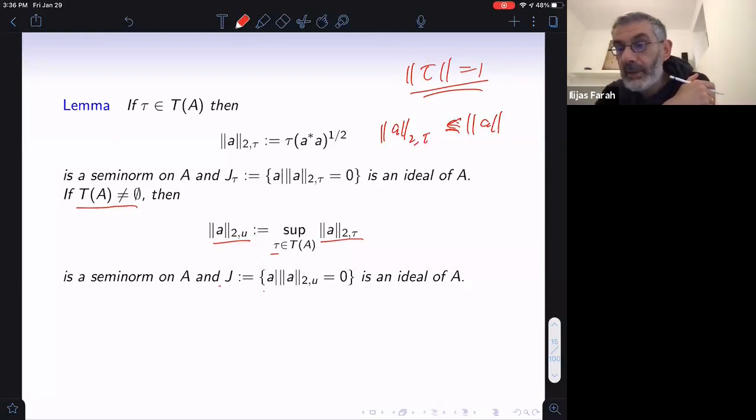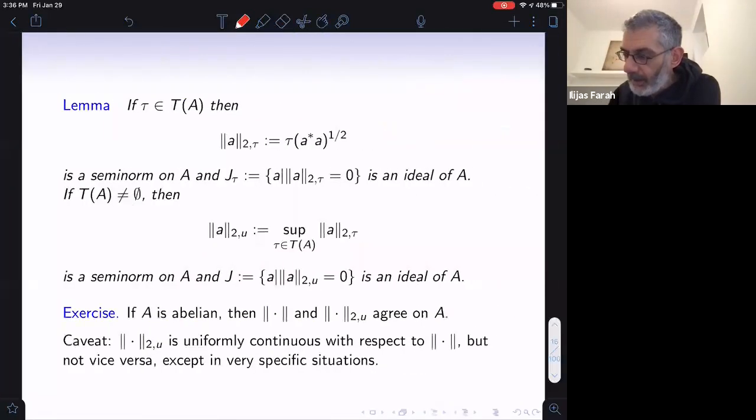So this is dominated by the operator norm. And here is a little exercise. If you have an abelian C*-algebra, then the operator norm and the uniform tracial norm agree on A. All you need is to remember what abelian C*-algebras look like.